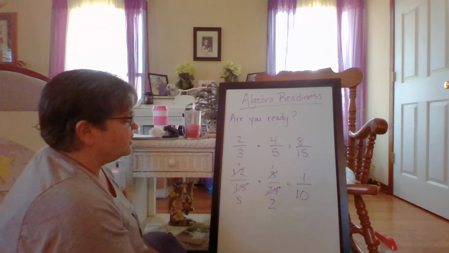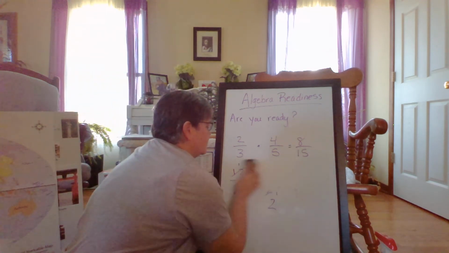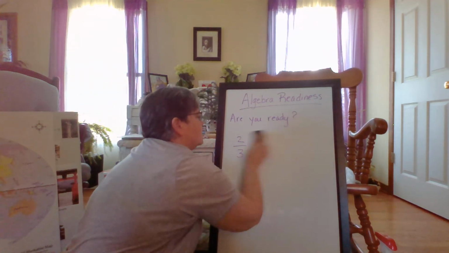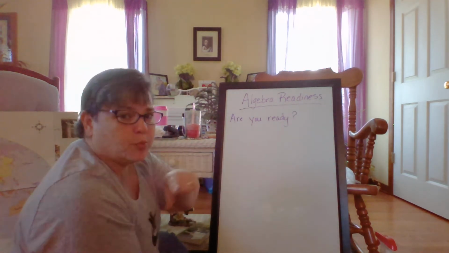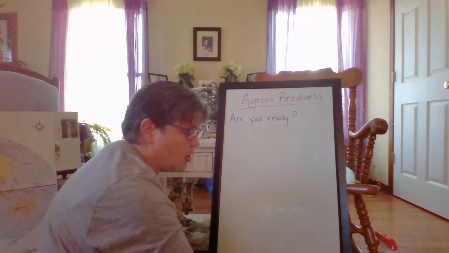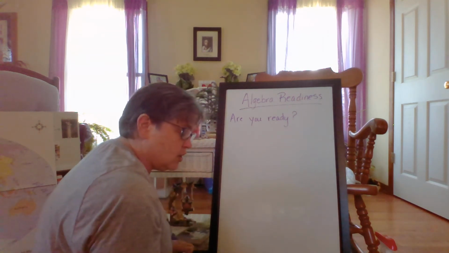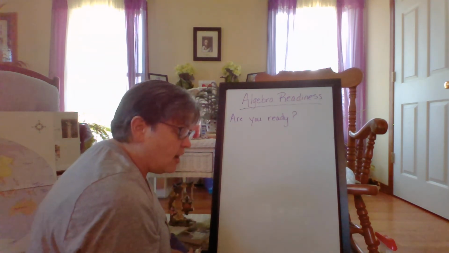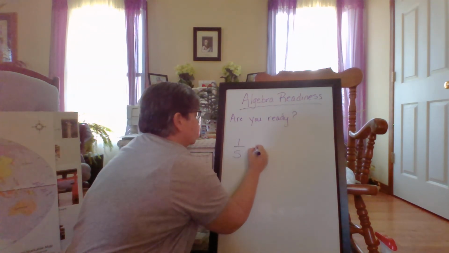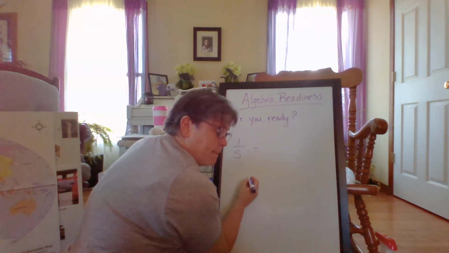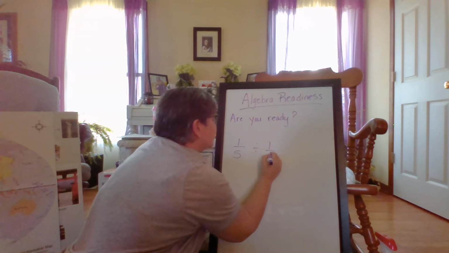And then finally, there is division of fractions. And if you need the screen to stay longer, you just pause the monitor there and it'll stop and you can copy anything you need to copy. Division, so say I have 1/5 divided by 1/6.